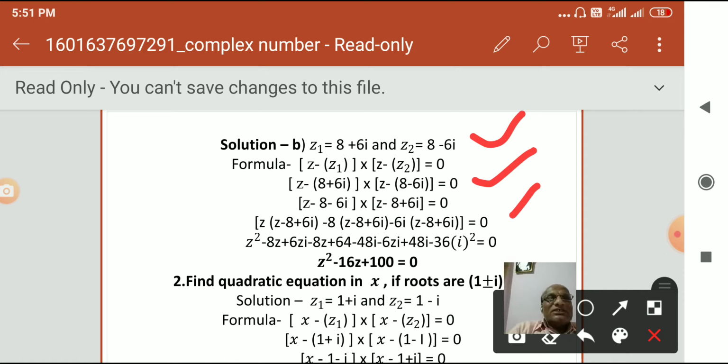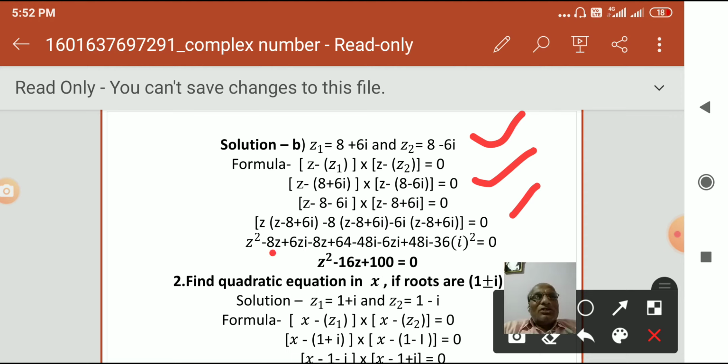Then 8 into z, that is minus 8z; minus 8 into minus 8, so 64 plus; then minus 8 into 6i, so this is 48i; second bracket is completed. Now third, 6i into z, so 6zi; 6i into minus 8, so minus 48i; and the last one is minus 36i square, which is equal to 0.